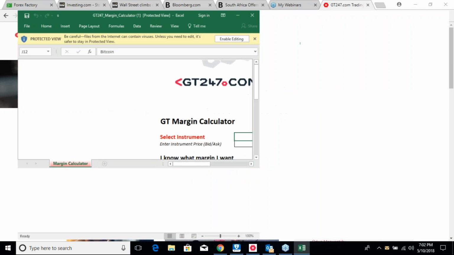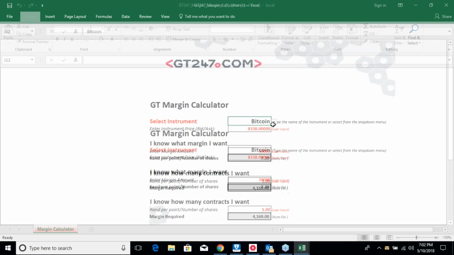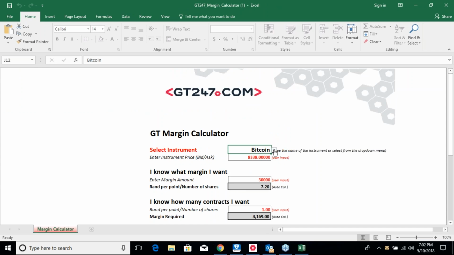Obviously enable editing, and then you select your instrument. So let's say, for example, the CAC 40. Then you have to put in whatever the CAC 40's current price is. I'm not looking at it, I'll say it's at 2,000.